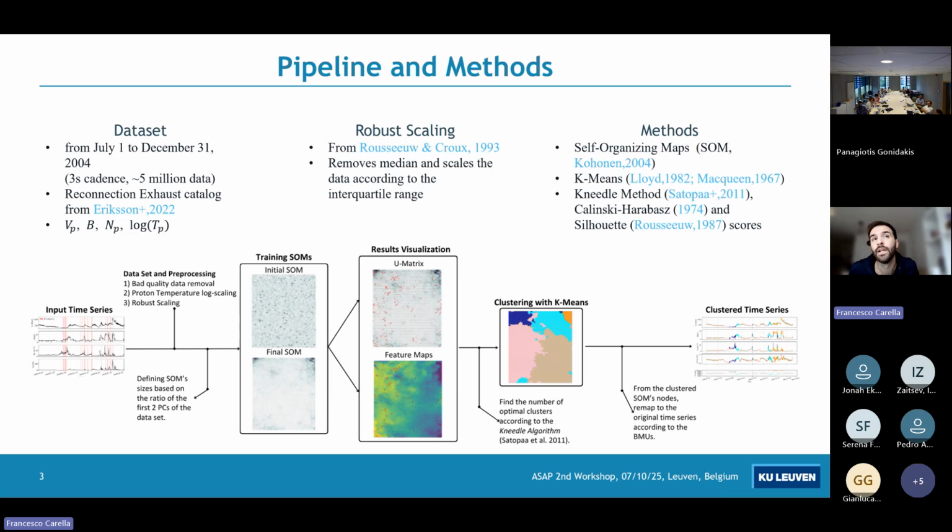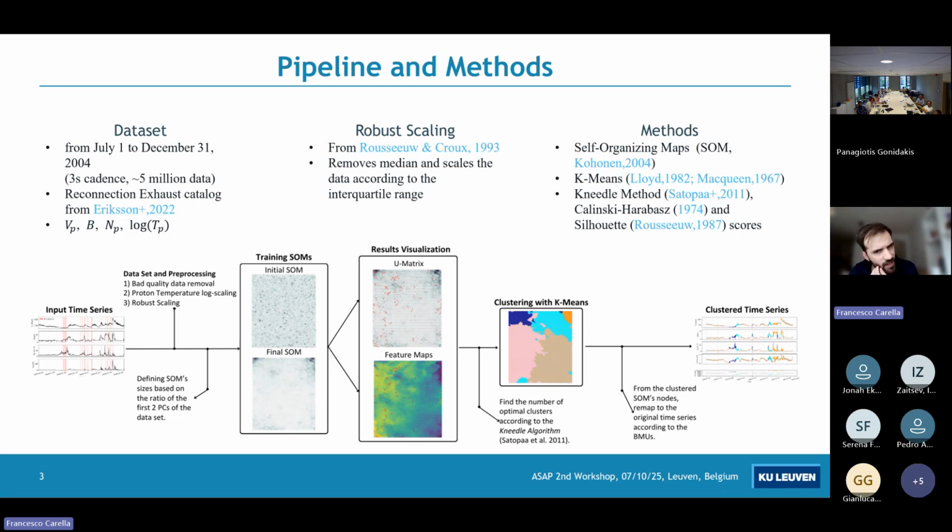Why? Since transients are more or less outliers in your dataset, you don't want these kinds of features affecting your mean and standard deviation. Then we train a self-organizing map, which we talk about very soon.